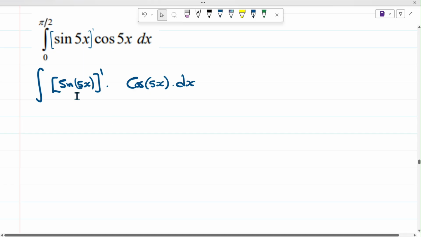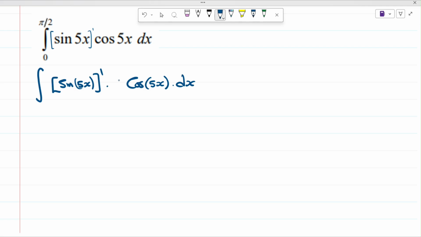When we differentiate sine 5x, we get cos 5x multiplied by 5, so there is a missing 5 here. Because I didn't have this 5, I need to put 1 over 5 here, so that this 5 and that 5 can cancel each other, and we get back to our question that we were given.